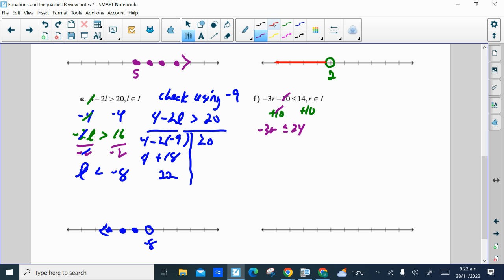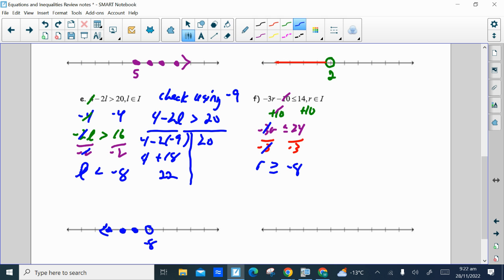And now we're going to divide both sides by negative 3, and because we're dividing by a negative value, the inequality reverses. So I'll have r by itself on the left. The inequality is reversing. Instead of less than or equal to, it becomes greater than or equal to, and 24 divided by negative 3 is negative 8.